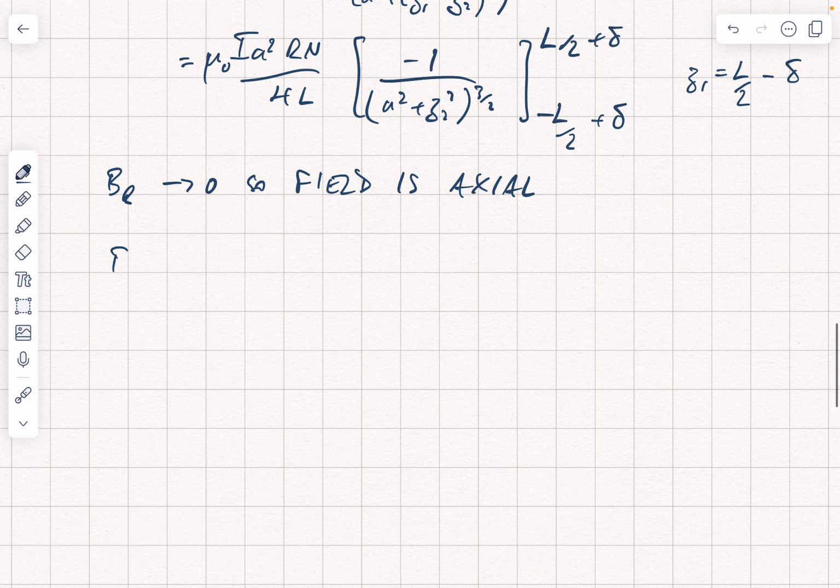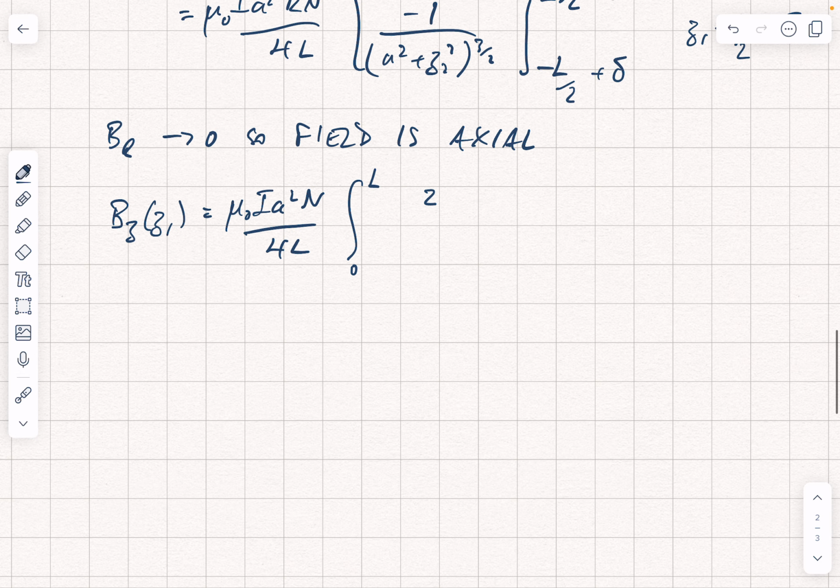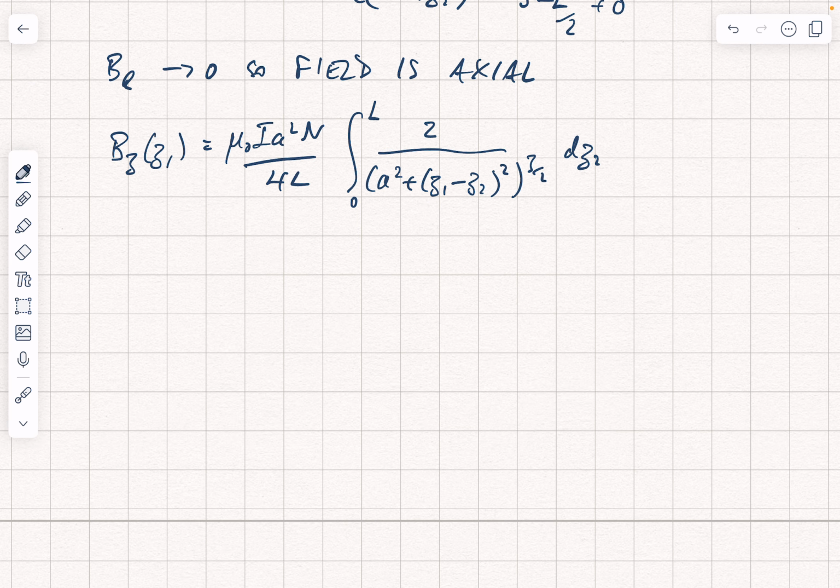You can deduce the value of this axial field Bz at Z1 by integrating in the usual way: mu naught IA squared n over 4L, integral from 0 to L of 2 divided by A squared plus Z1 minus Z2 squared to the 3 over 2 dz2, and we make a substitution here. We substitute Z1 minus Z2 is equal to A tan theta.